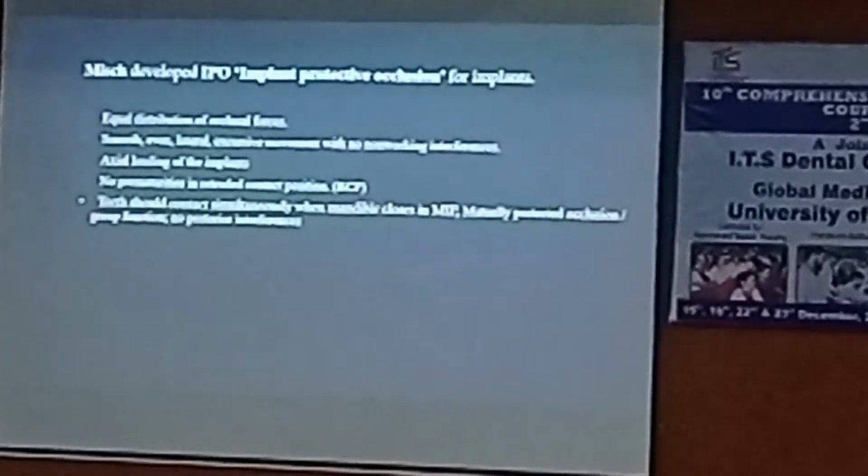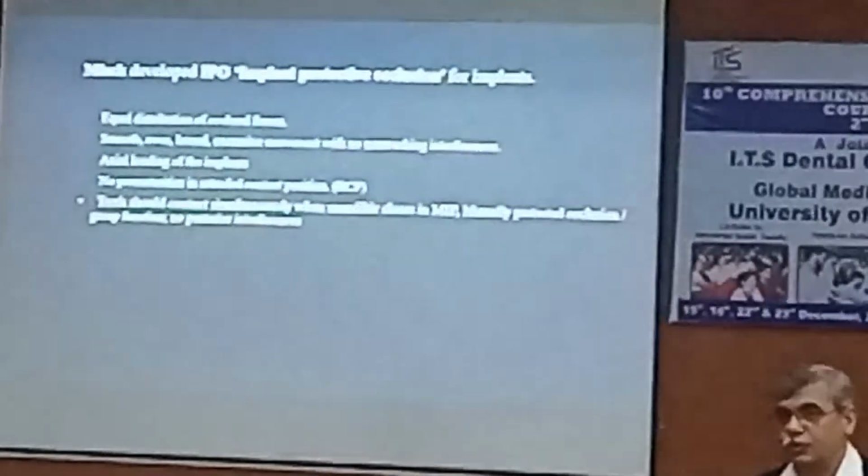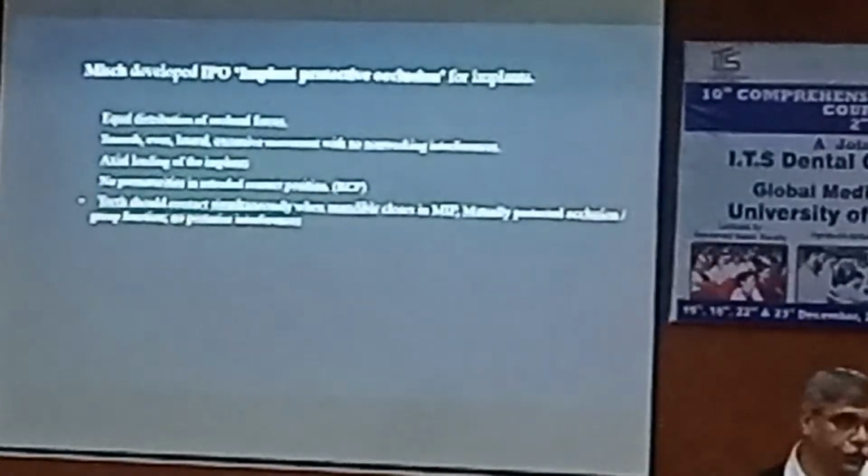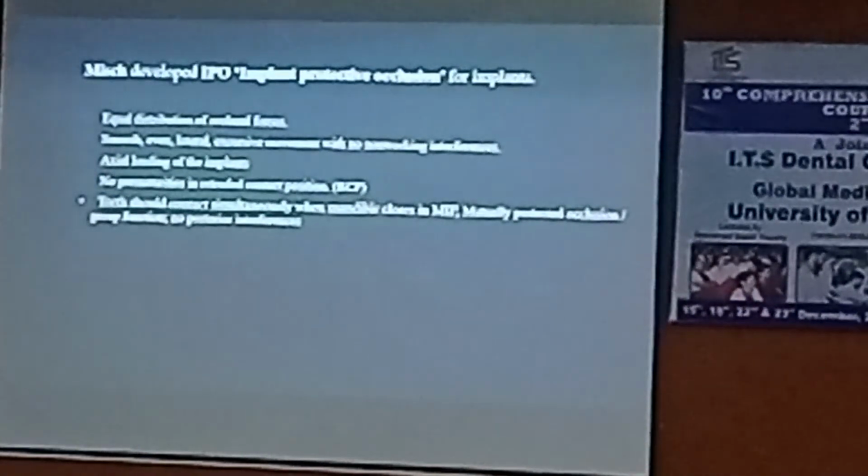Now, see the irony of the situation. In the natural dentition, we all try to develop an occlusion where maximum masticatory forces can be developed and your chewing efficiency increases. Here in the implant, we are trying to reduce the force, thereby protecting the implant.